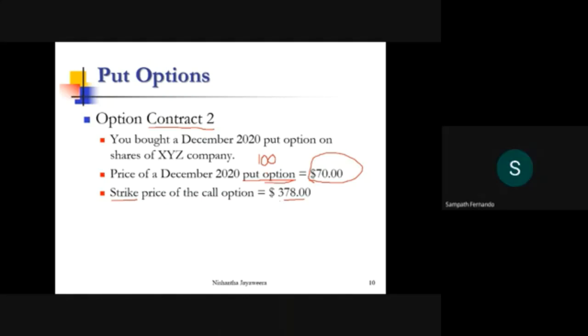Here I just mentioned 100 to make it simple, because I have not referred to any exchange or any particular contract. I just assume it's 100 shares per contract.